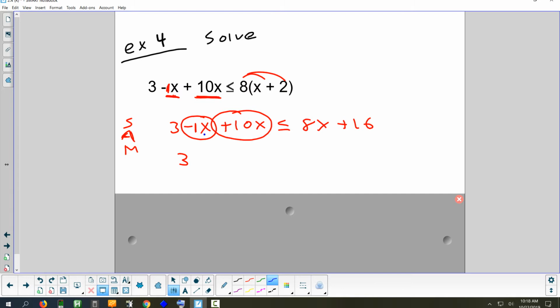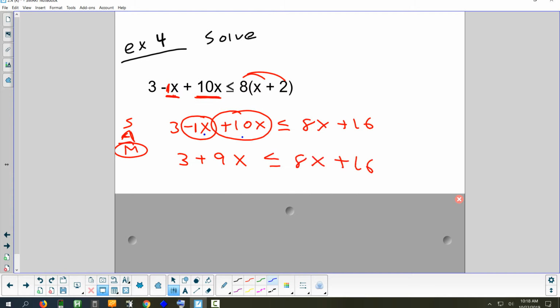What's negative 1x plus 10x? 9x. Yep. Now, we don't have to worry about any flipping until we get to that step. So don't even think about flipping until you're in the last part of SAM. Right? So now, we have that.